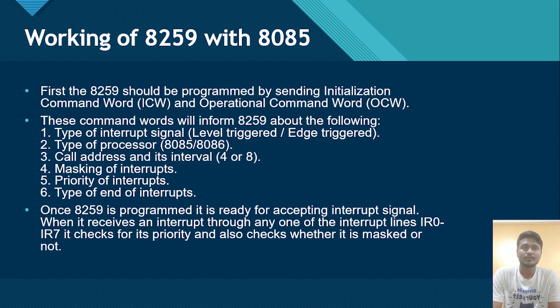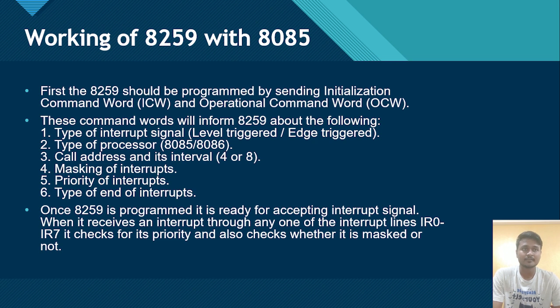Also the call address and its interval, that is 4 or 8, and we have to also program the mask of interrupts, which are masked and which are not masked, the priority of interrupts, and the type of end of interrupt.